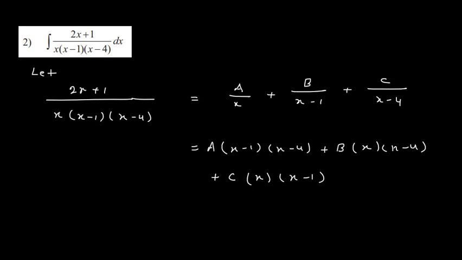Okay, and on the left side we have 2x plus 1. So 2x plus 1 is equal to this. Okay, now one by one I will put values.